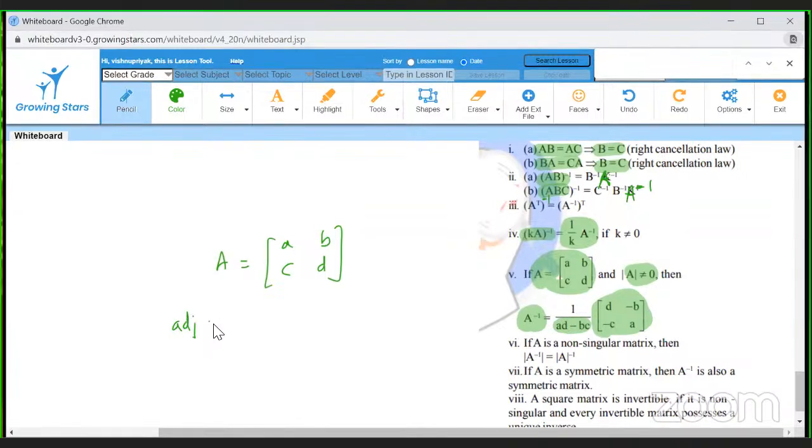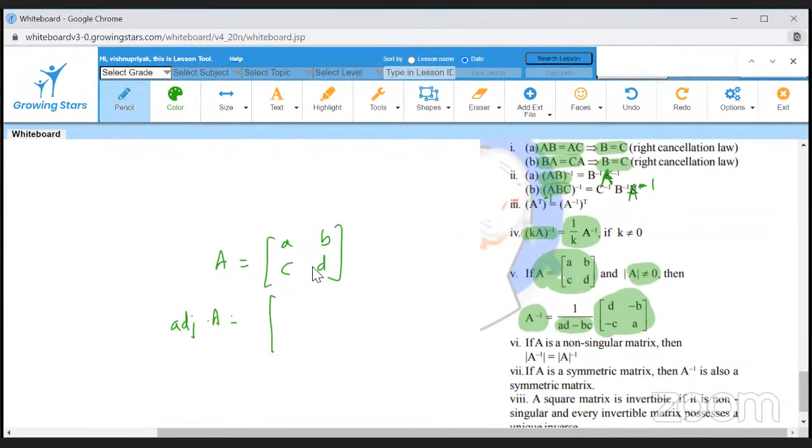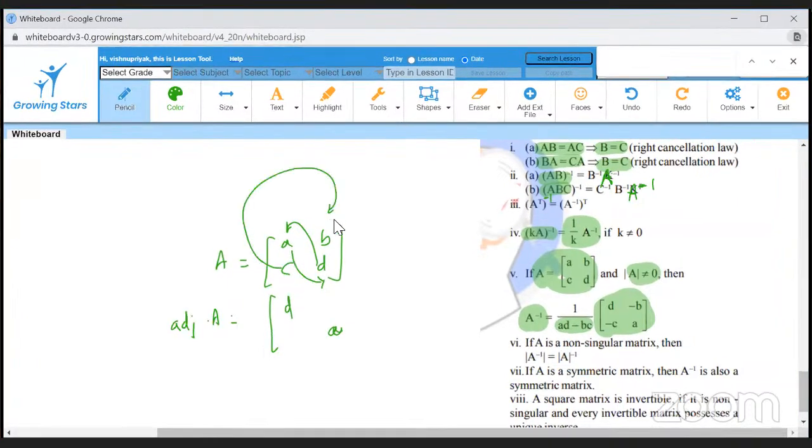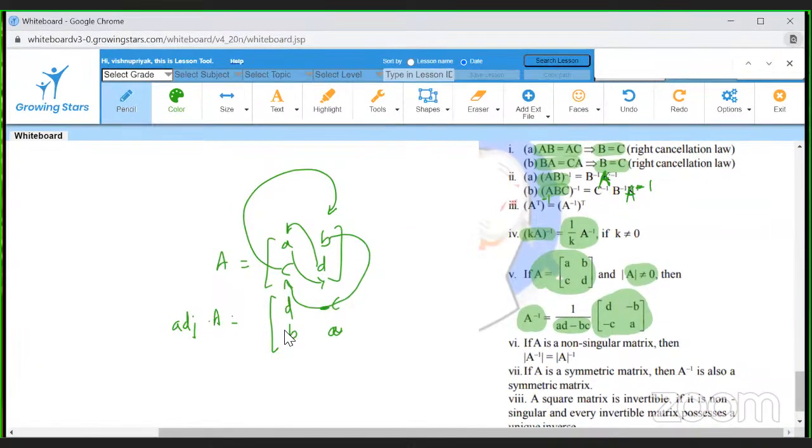Bring D here, bring A here, D and A you exchange. Similarly, bring C here, bring B here, exchange, but sign also you change, minus minus. So writing adjoint of a 2 by 2 matrix is very easy.